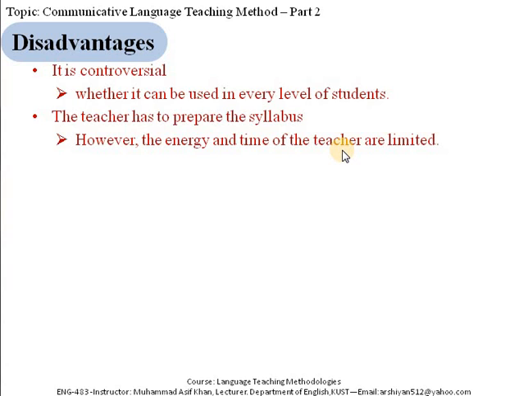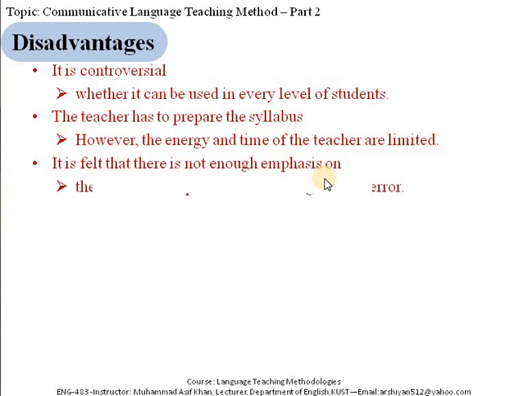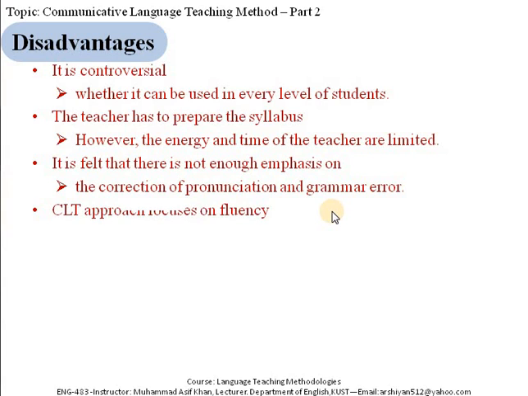It is felt that there is not enough emphasis on the correction of pronunciation and grammar errors, and most of the time students of CLT methodology are lacking in the correction of pronunciation and in the right use of grammar.